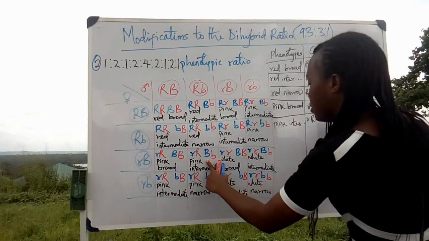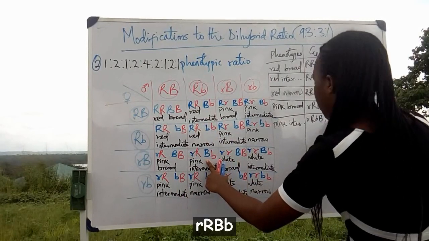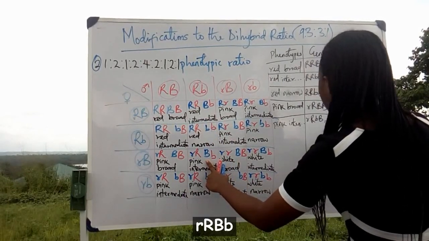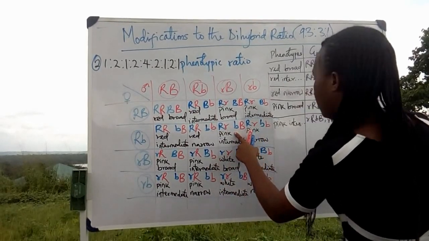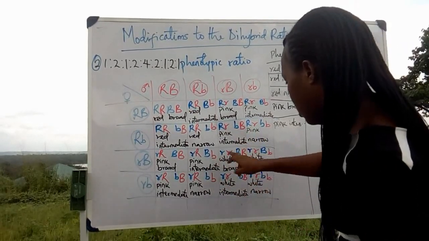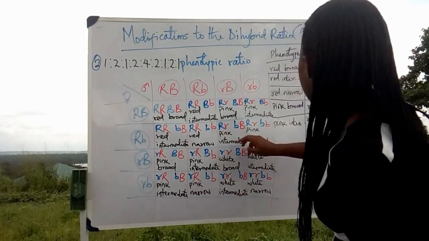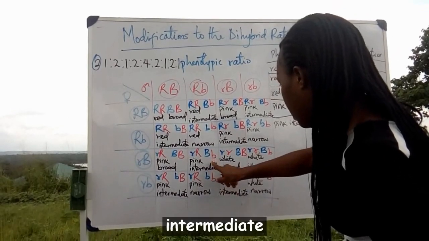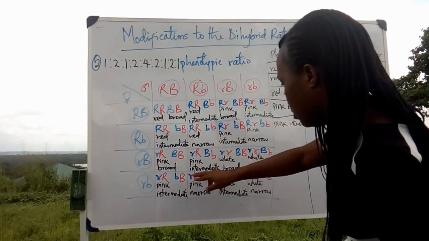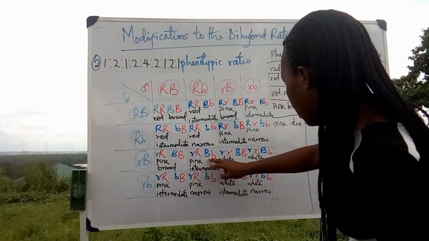Another small r, big R, big B, small b. We have pink, right? Pink and intermediate.